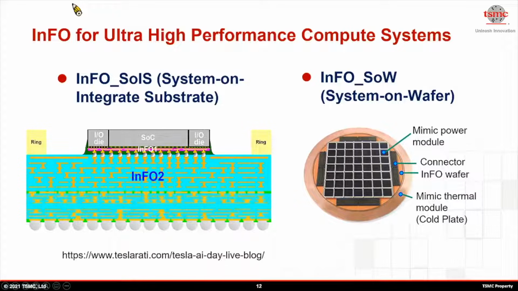Here we propose two new technologies for this application. They are SoIS, which stands for System on Integrated Substrate, and InFO-SoW, System on Wafer. They both again leverage our InFO process capability and technology maturity to achieve the goal.